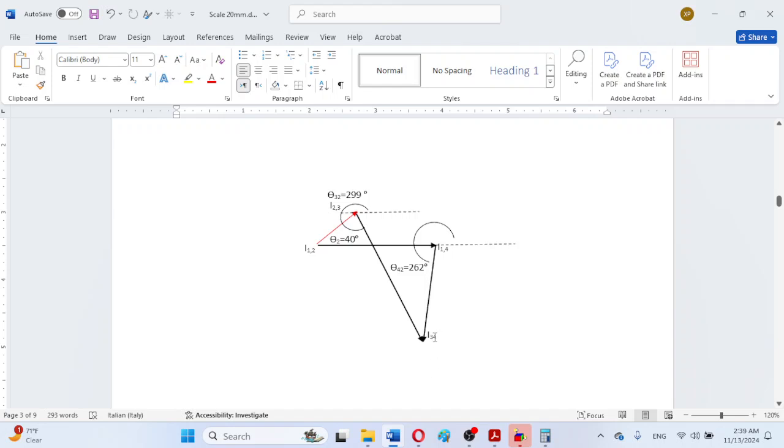Permanent instant centers have been relocated in this manner: I1,2, I2,3 and I1,4.